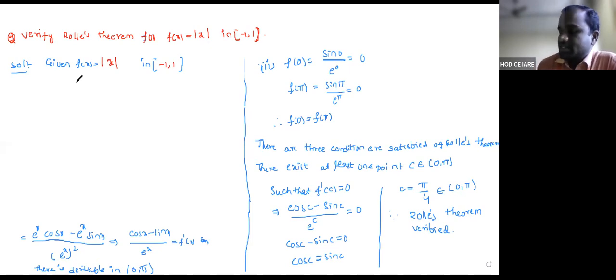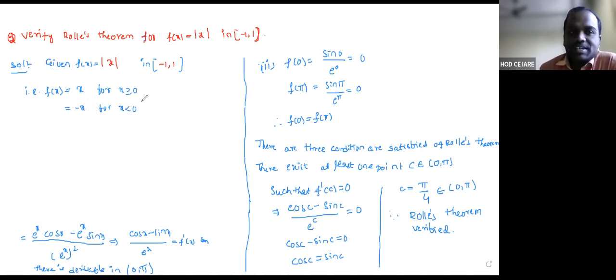We can write mod of x as f of x is equal to x for x greater than or equal to 0, and f of x is equal to minus x for x less than 0.